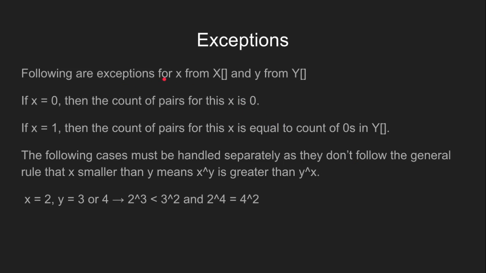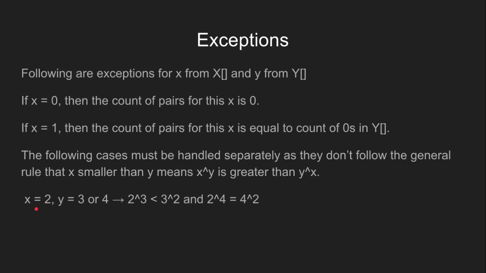These are a few exceptions. If x equal to 0, then the count of pairs for this x is 0. If x equal to 1, then the count of pairs is just the number of zeros in y. The following cases must be handled separately as they do not follow the general rule that x smaller than y means x raised to power y is greater than y raised to power x.